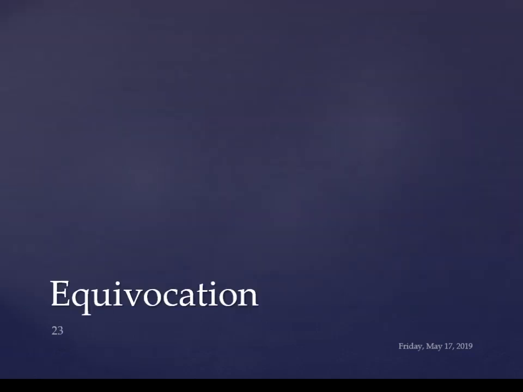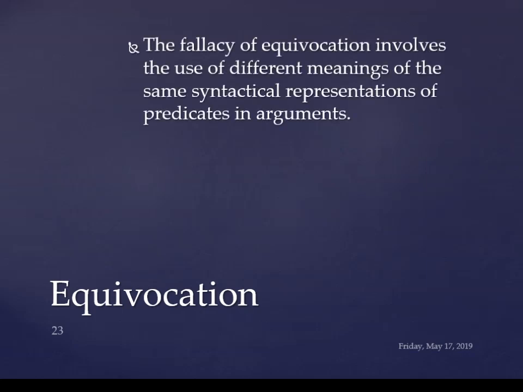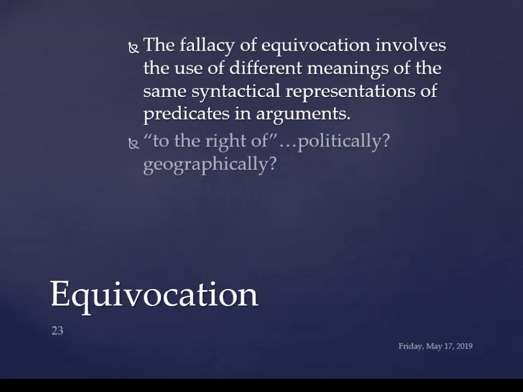So this leads us to what is called the fallacy of equivocation, right? This is a common fallacy. I think it's one that people don't pay attention to very much, but basically it involves the use of different meanings of the same syntactical representations for different predicates in an argument, okay? So to the right of could be interpreted in a political way or a geographic way, right?